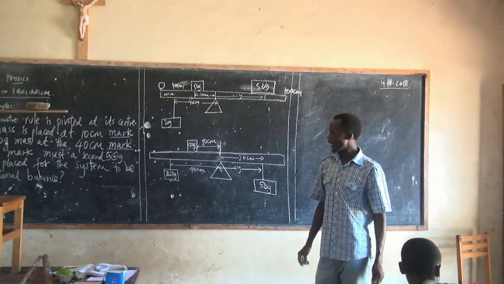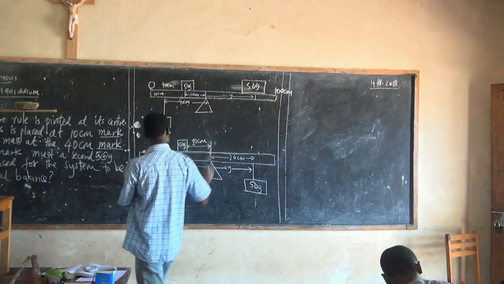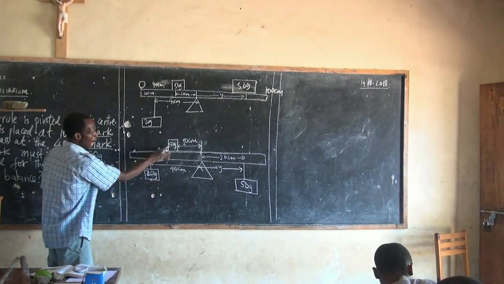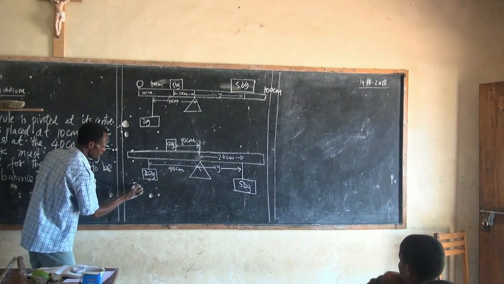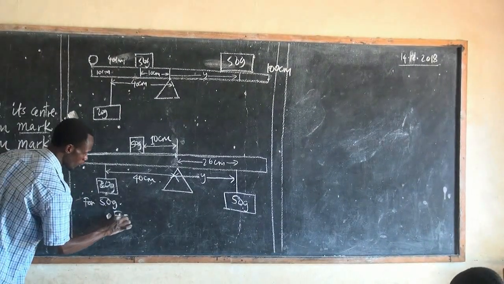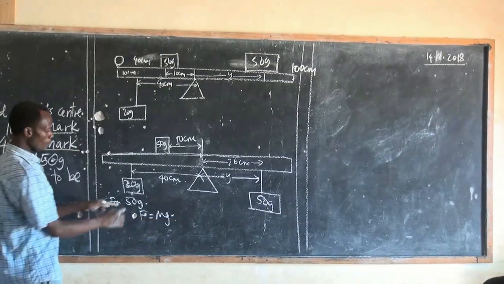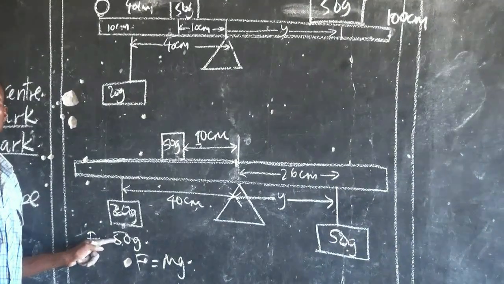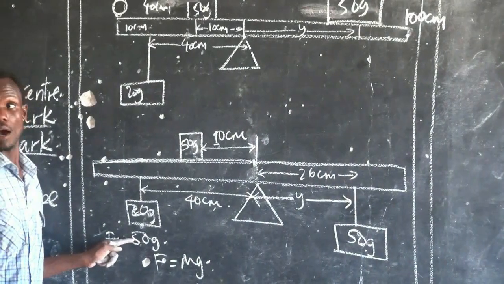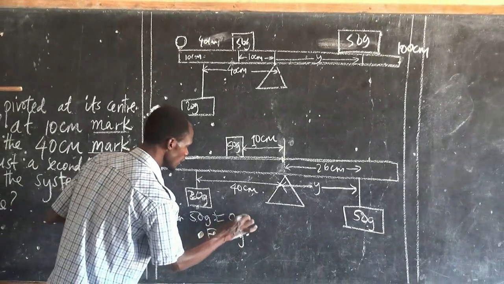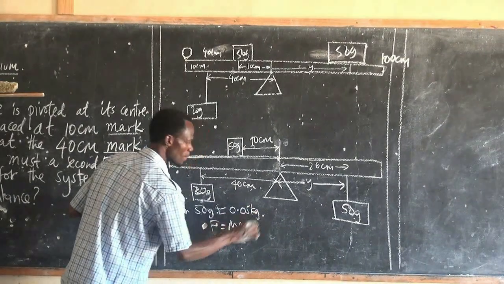Simple. Let's start with the anti-clockwise moments. Now, the anti-clockwise force for the 50 grams is equal to mg. Mass is 50 grams, but must be converted to kilogram. You divide it by 1,000, and then it becomes 0.05 kilogram.